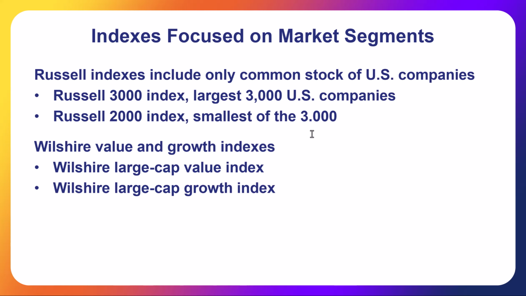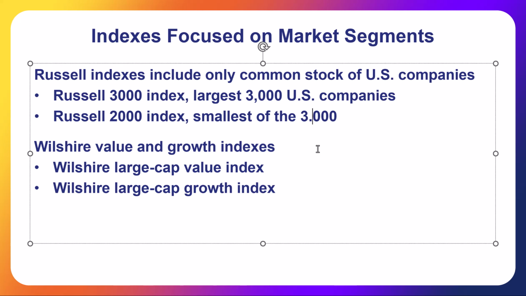The 2,000 just does not include the top 1,000 valued companies. So again, it is a smaller value company index. The Wilshire Value and Growth Indexes also can look at large cap value indexes and large cap growth indexes.